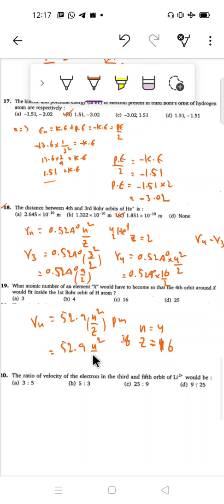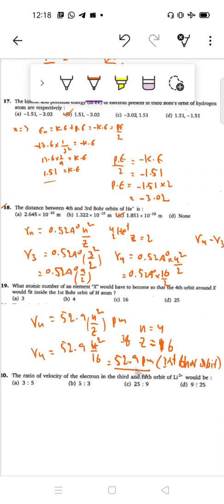By 16, 4 square is equal to 16, then you can get 52.9 picometers straight away. 52.9 picometers for R4. This one is known as the first Bohr orbit. This is known as the first Bohr orbit value.